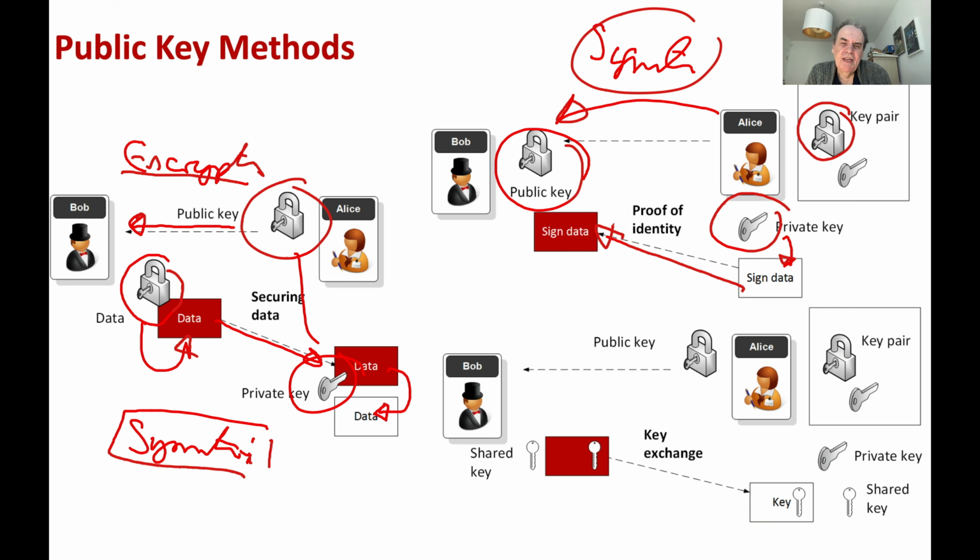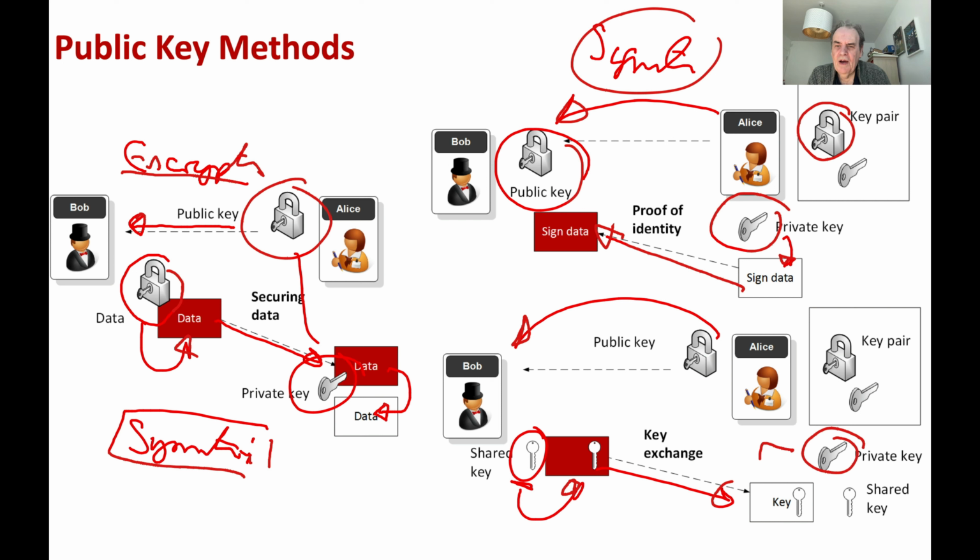And the third method is where we want to share a key. So let's say that Bob has created a shared key that he wants to use. Now, when Bob connects, Alice will send over her public key. That can then encrypt the shared key and be sent over. Now, Alice will use her private key to be able to decrypt the key, and they both have the same key.